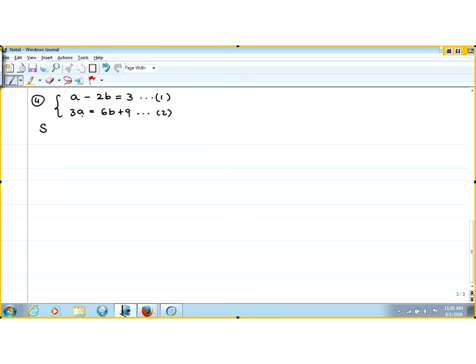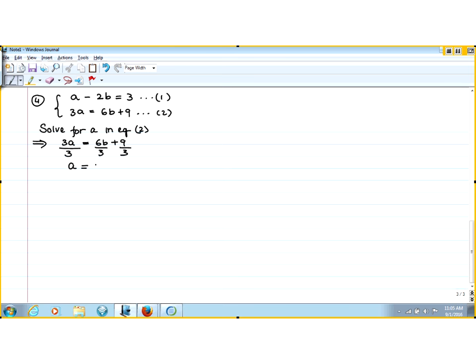So you can solve for either A, because I could just divide by 3 here on equation 2. So you want to solve for A in equation 1 or 2? Equation 2? Okay. So I could just divide by 3, right? So 3A equals 6B plus 9. So divide by 3, divide by 3, divide by 3.